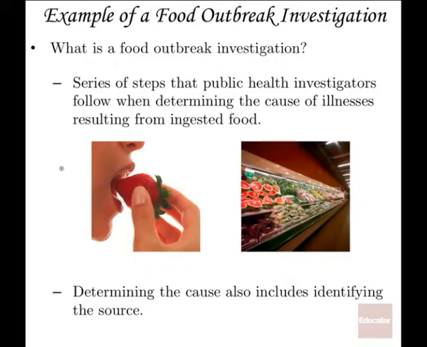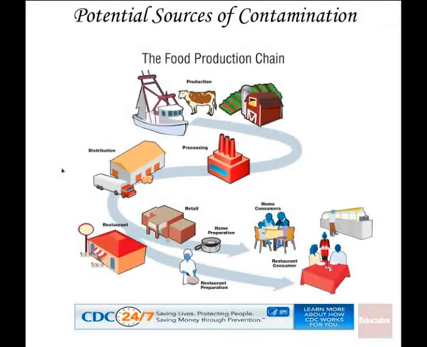And as we become more automated and international in relationship to the types of foods that we eat, these steps have become more complex. So here's a picture of the potential sources of contamination that could occur in relationship to a food outbreak.